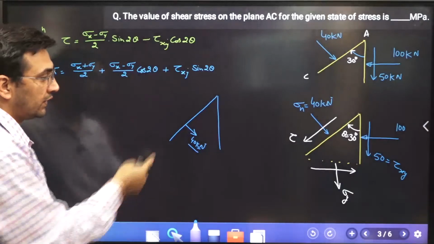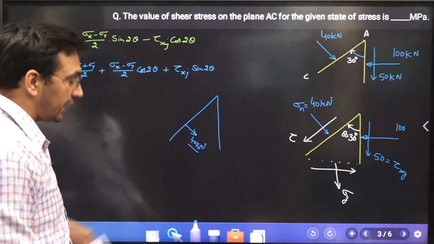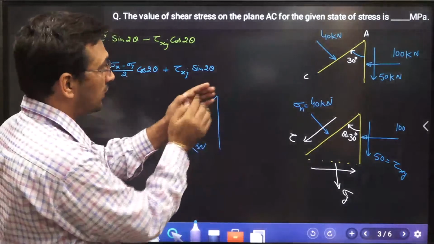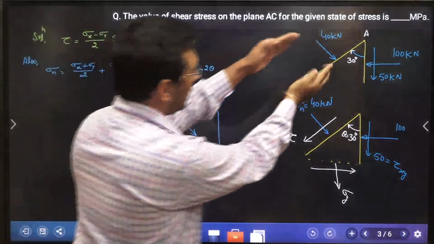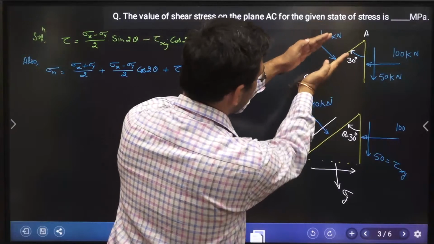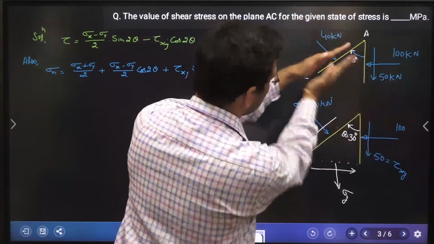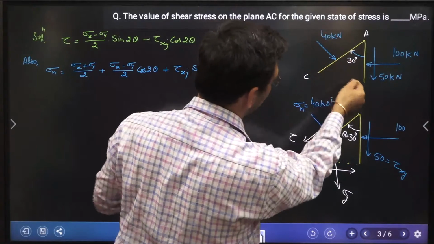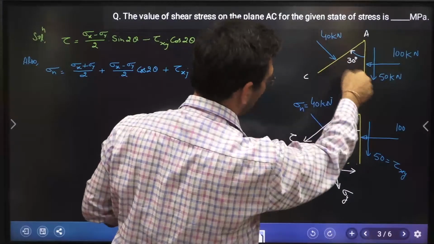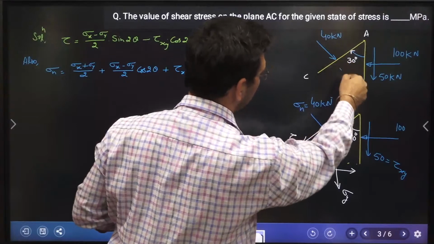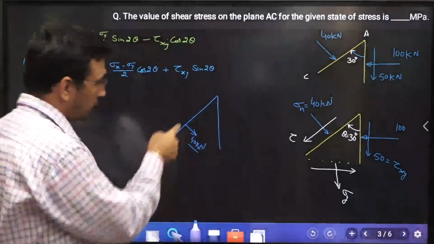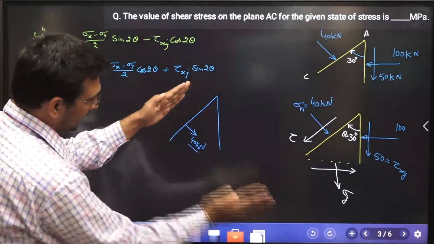But no, this is tensile. When I am showing anything on any particular plane, if it is compressive, that means it is compressing this plane from both sides, that is the meaning of this. So if I had to show from the other side, then I will show the force in the opposite direction on the same plane this way. But over here, if you see, it is pulling this plane this way.